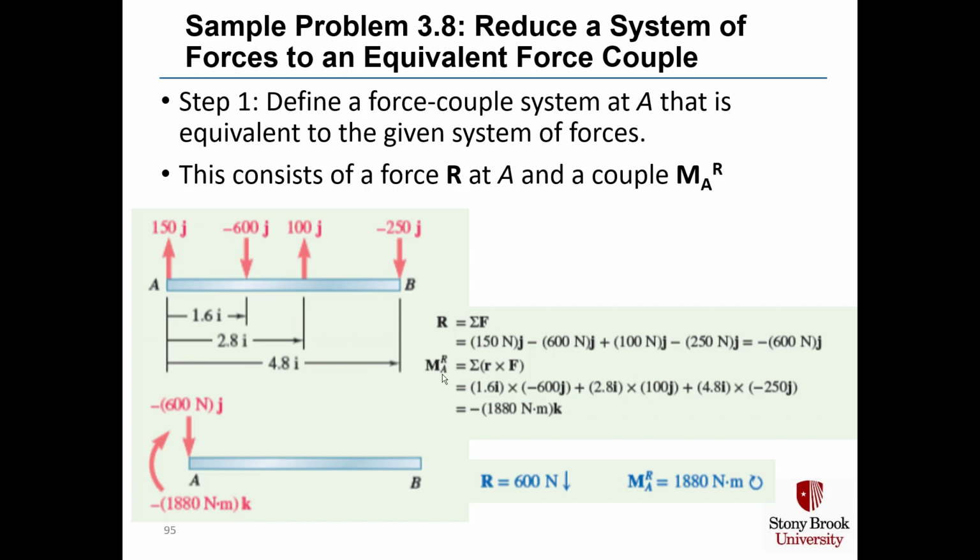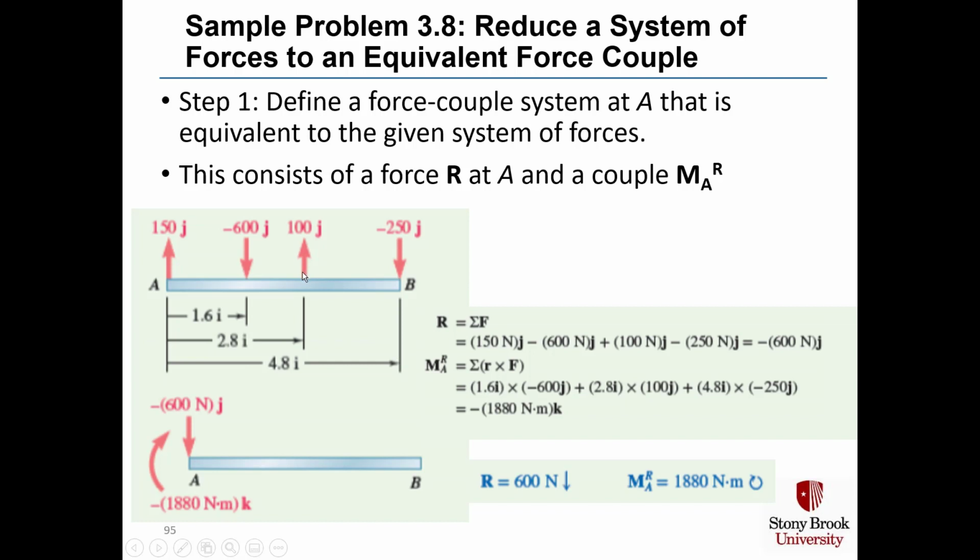of the four forces, where the first force, 150 newtons, acts at point A, so it has 0 moment. The second force then will be a minus 600 newtons crossed with a 1.6 in I direction position vector.